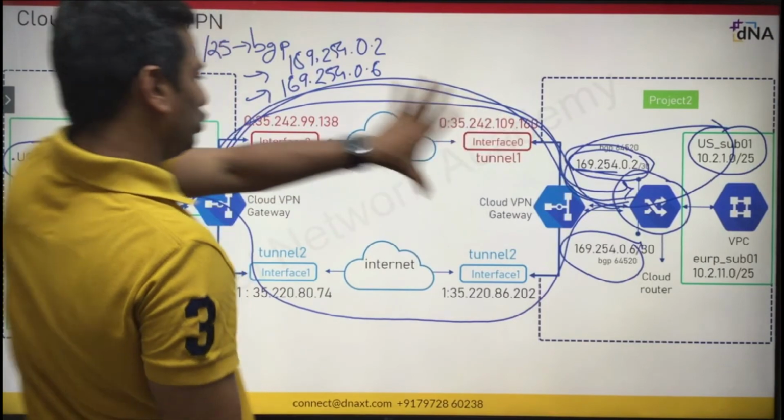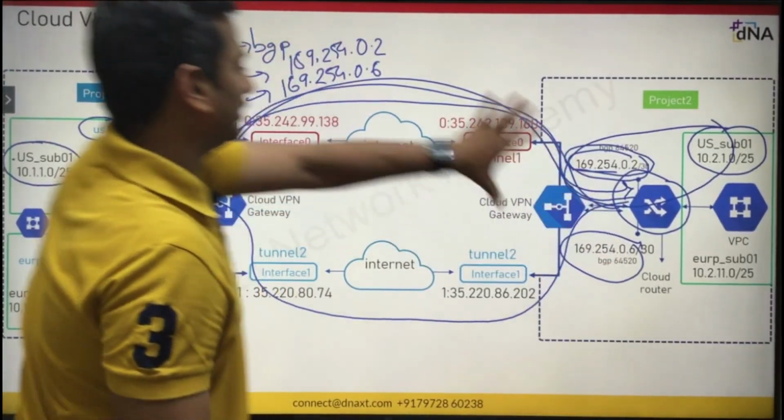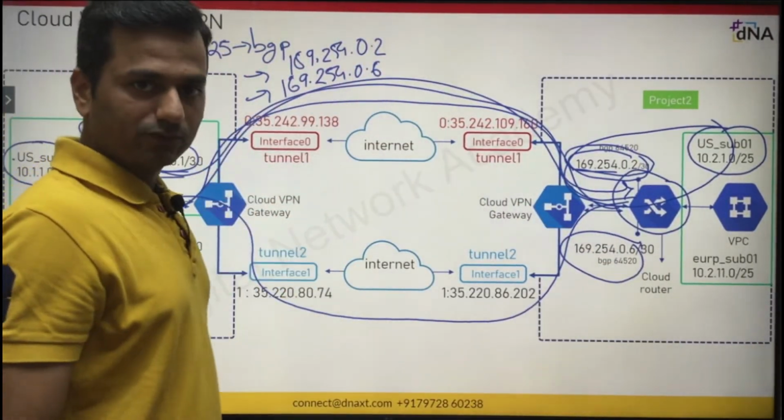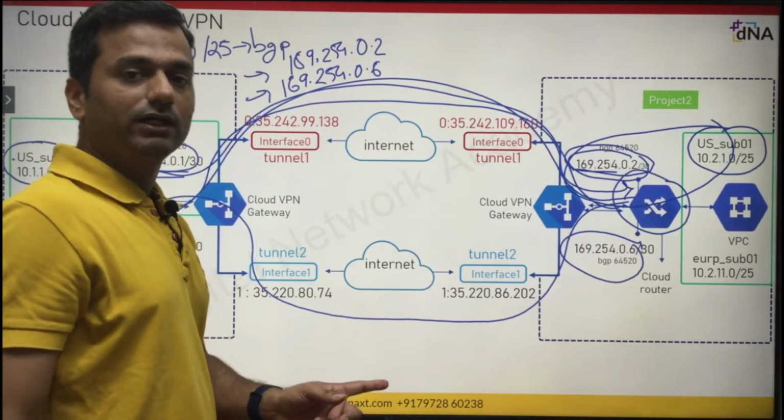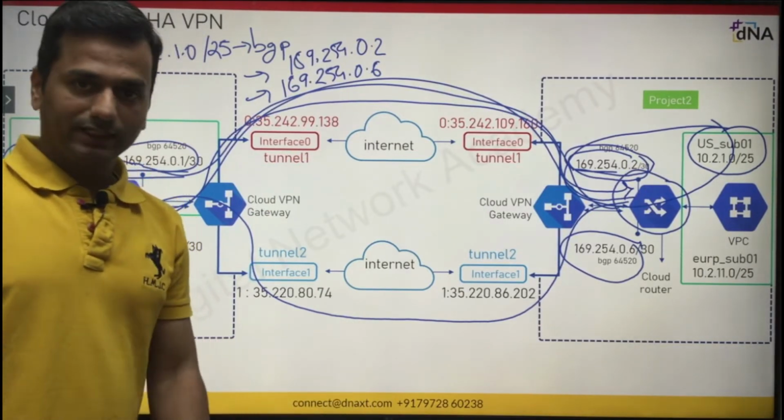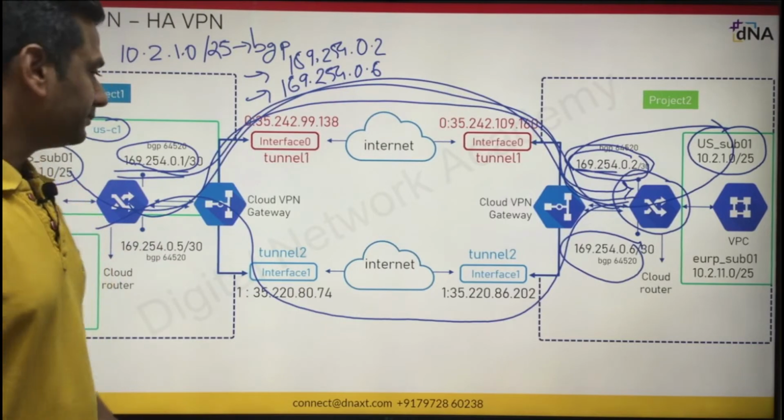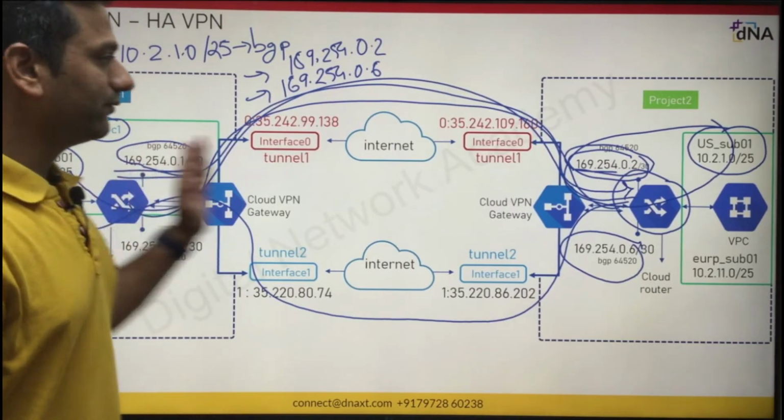Why? Because you have 2 tunnels, and each tunnel has 1 BGP peer. Clear? Right? Okay.